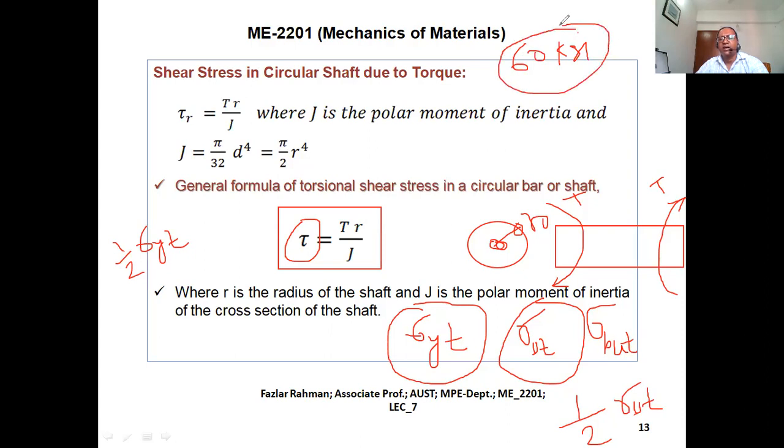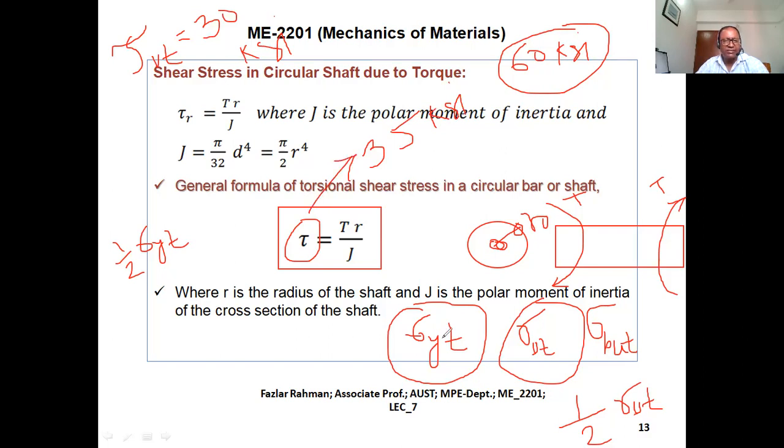So what will be the ultimate shear strength, or tau ut? Tau ut will be half of this value, say 30 ksi, kilo pound per square inch. Now, shear stress of a structure made of the same material, you calculate, you found 35 ksi. Then what will happen? Will it break down or will it survive?